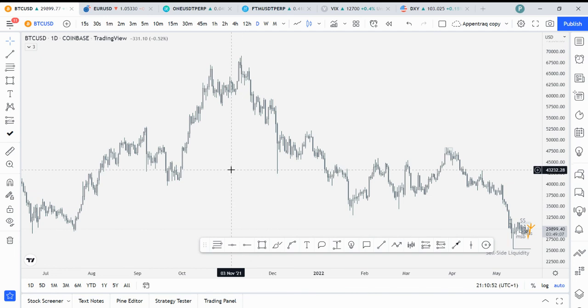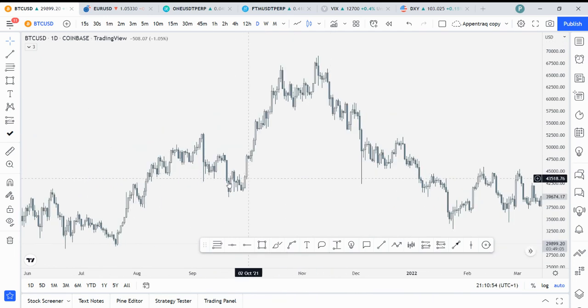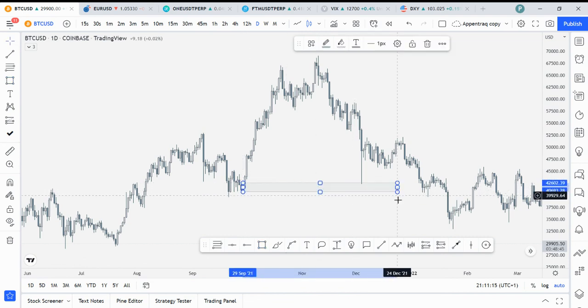This is exactly why I said so, because this is September 2021. So this is September, October, November. That's almost about 3 months before price tapped into it, and you can see the strong reaction from the price. This is the supply zone.